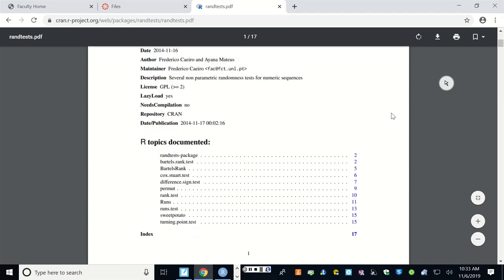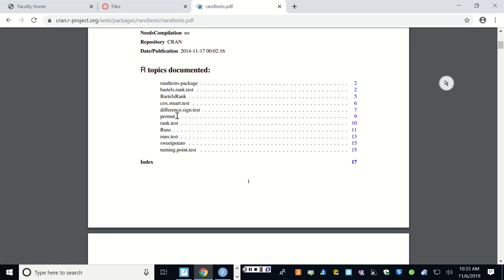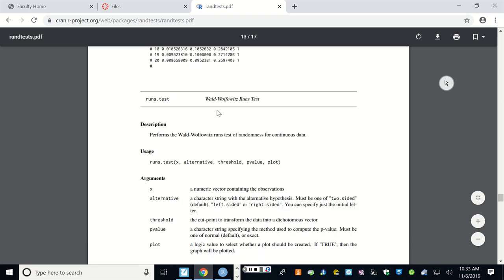This randomization test package has a bunch of different functions, and some data sets like the sweet potato data, and there's another one somewhere. But anyway, there's a runs.test command, something for doing permutations, so it's kind of packaged together, this runs.test, the Wald-Wolfowitz runs test.